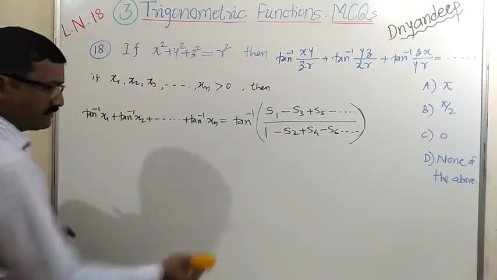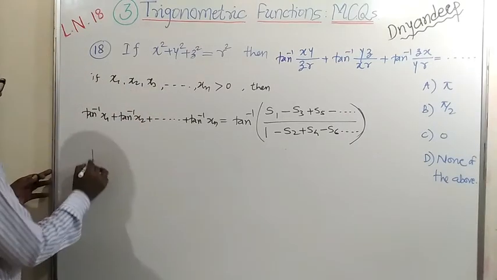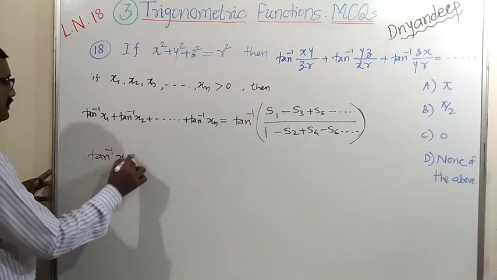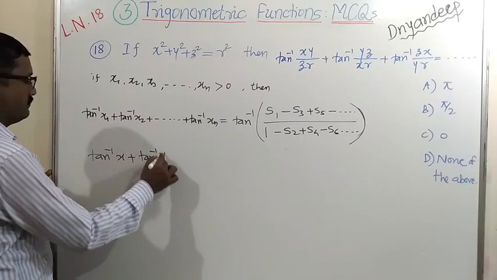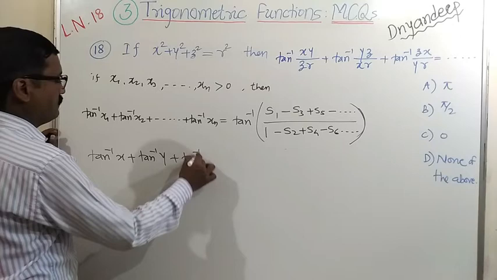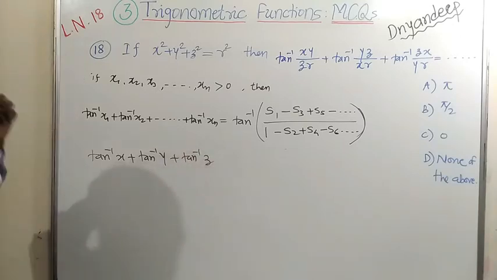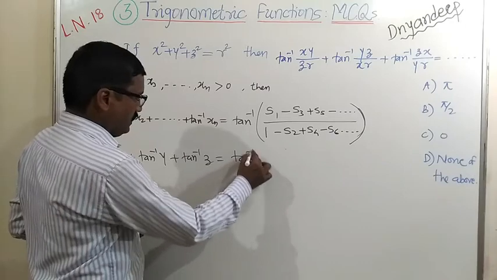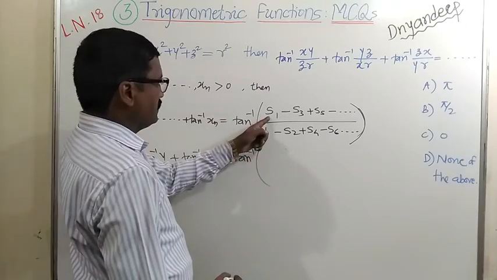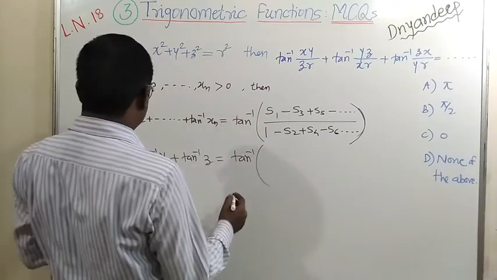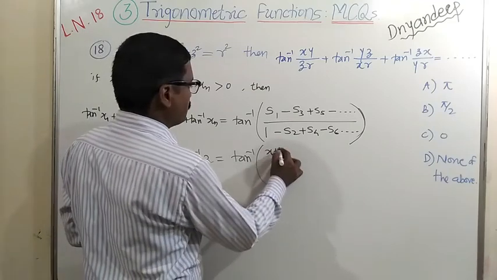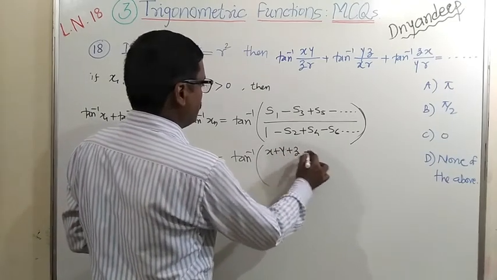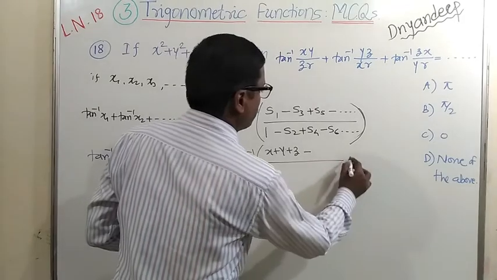That will be tan inverse of x plus tan inverse of y plus tan inverse of z, and it is equal to tan inverse of, here S1 is nothing but the sum of all these, that is x plus y plus z, whole divided.